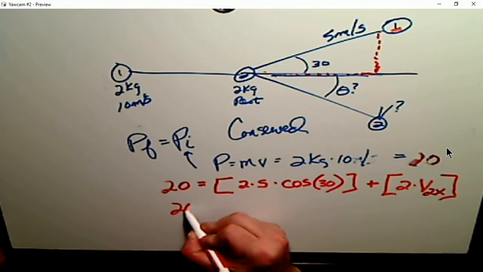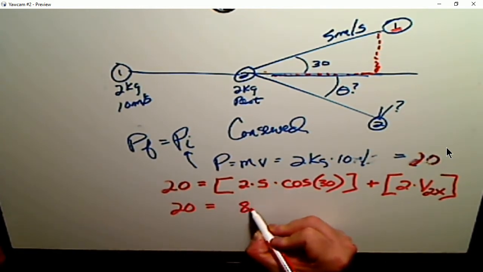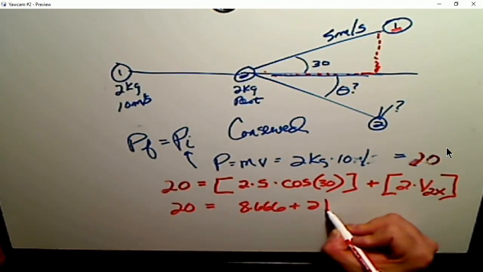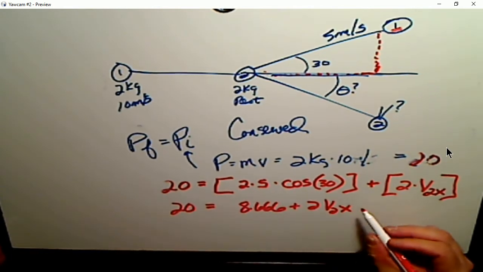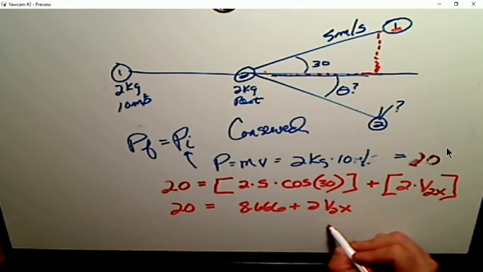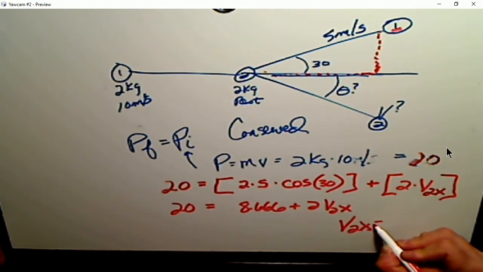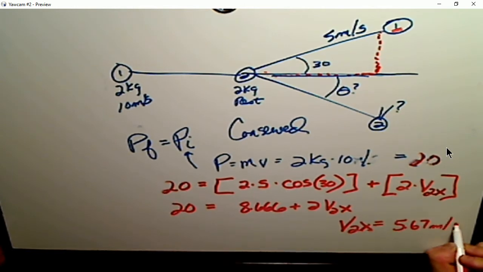So this is 20 equals 8.66 plus 2 times velocity of 2 in the x. Velocity of 2 in the x is equal to 5.67 meters per second.